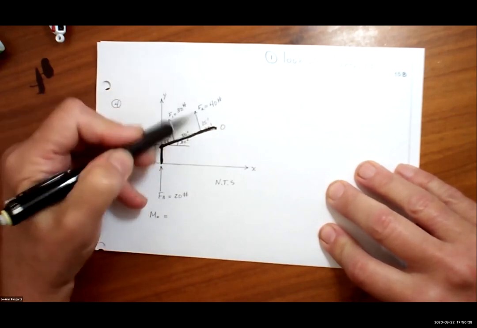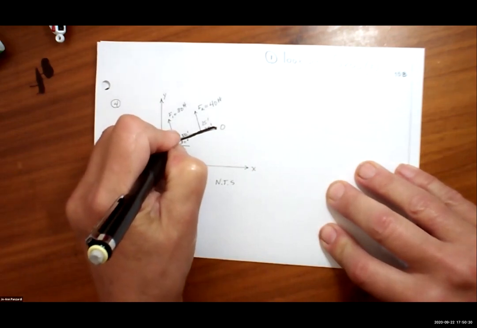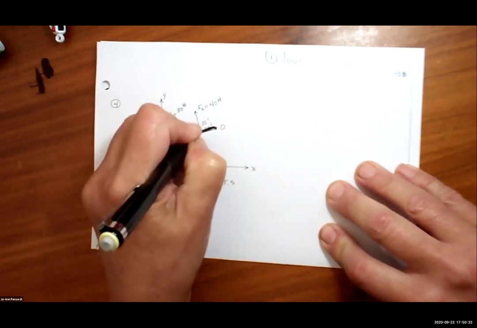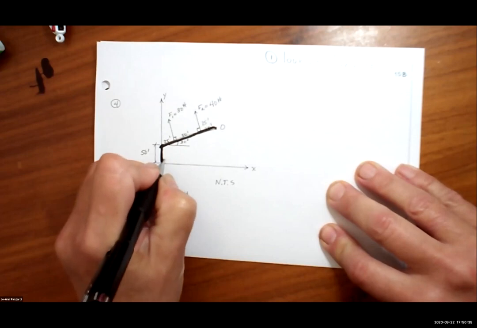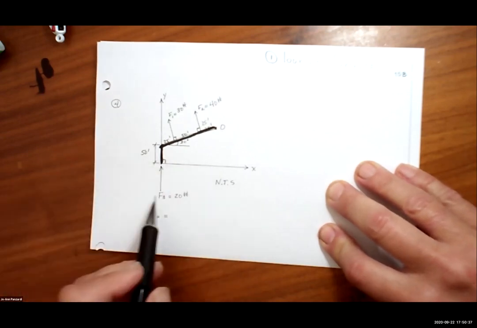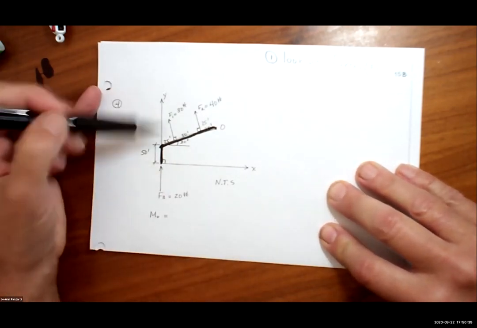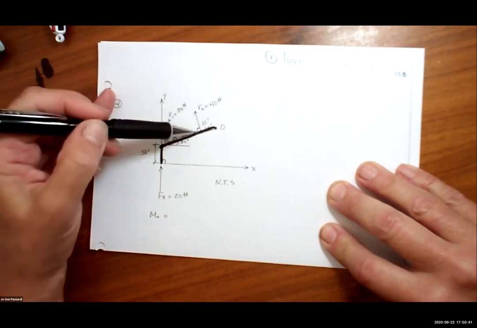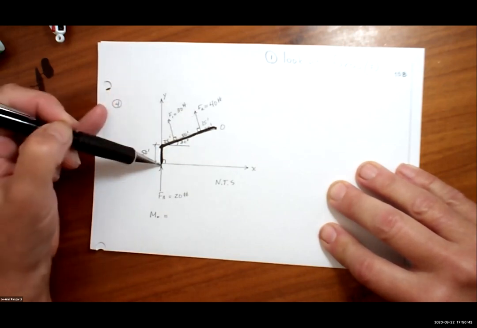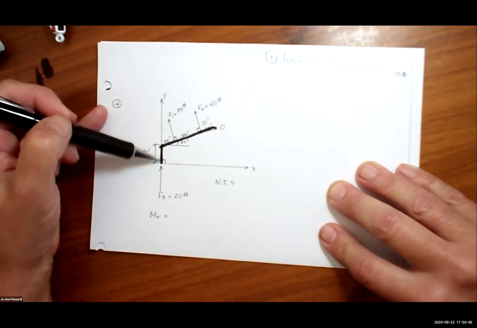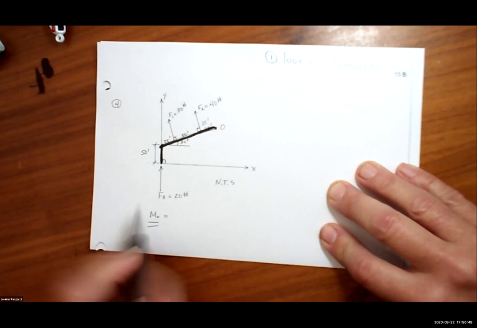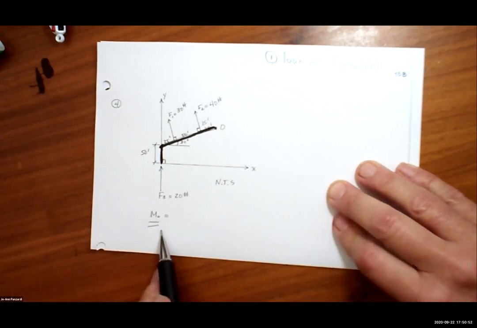There's F2. And you know X and Y. There's F1 coming off the top part of the bracket, F2 coming off the top part of the bracket, and F3 is on the bottom part of the bracket, the vertical. Look what I'm trying to find. I'm trying to find the moment about point O.